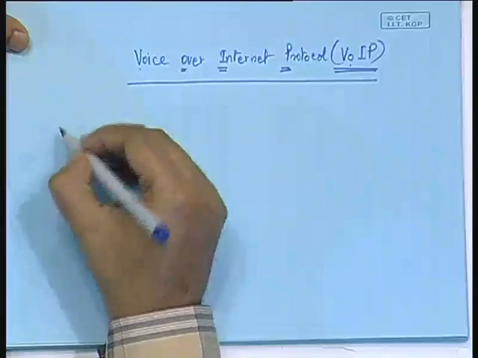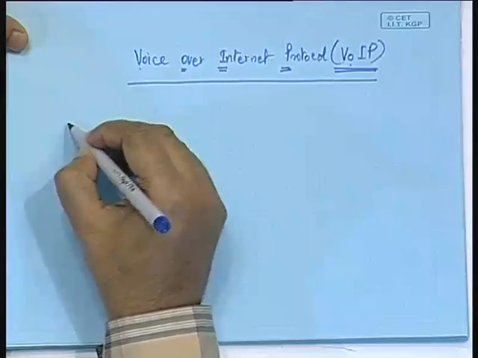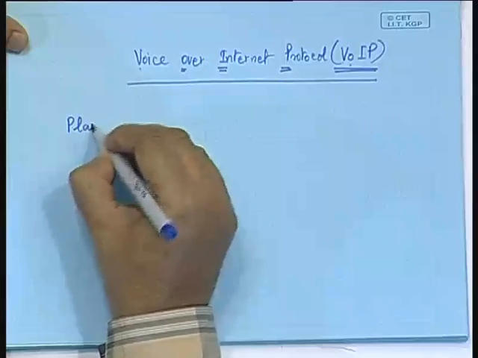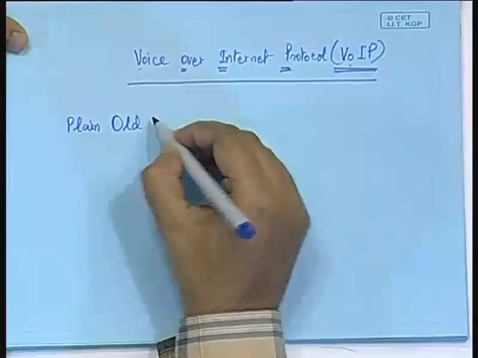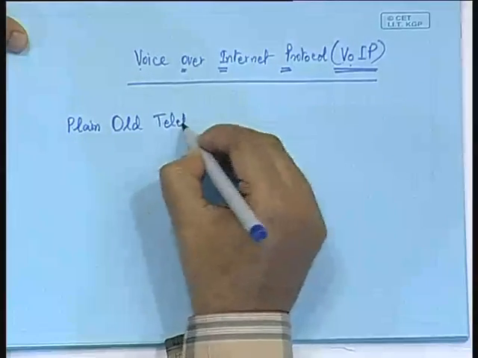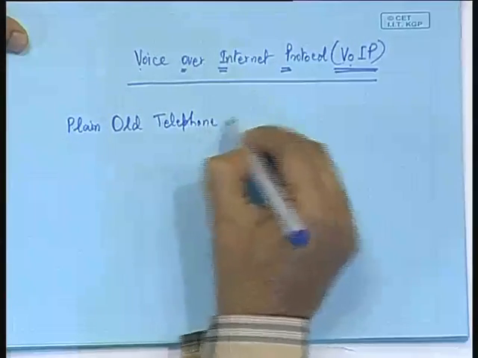The simplest place where we can use it, our good old telephone system, okay, which is called as the plain old telephone systems. I said good old, but they call it as plain old telephone system. Okay.